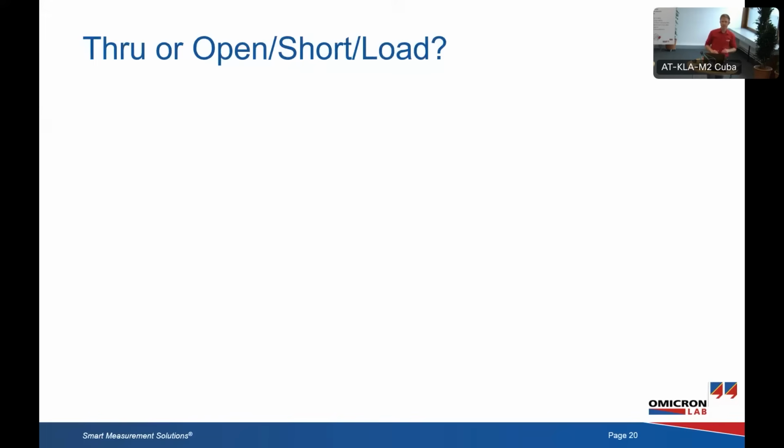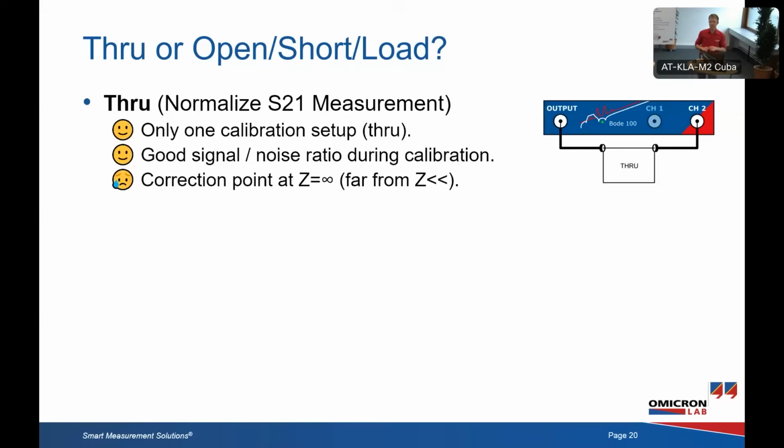Then there are two options for calibration. You can choose to make a through calibration only, or you can do open, short, and load calibration. The through calibration normalizes the underlying S21 measurement. As I said in the beginning, it's basically a transmission measurement from output over common mode choke, probe, device under test to the channel 2.